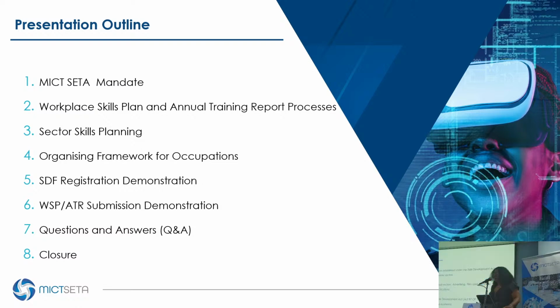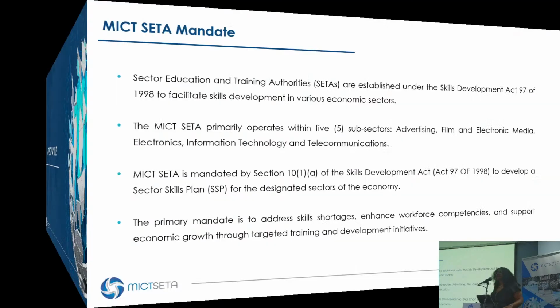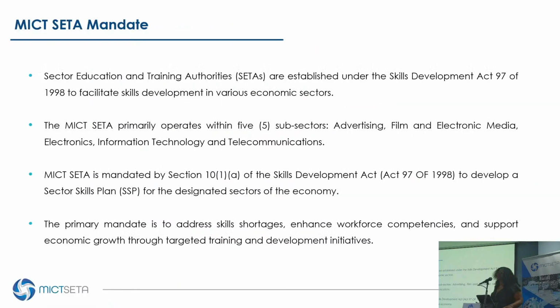So as you know, the MICT CETA mandate derives from the Skills Development Act, which establishes the CETA as one of the 21 CETAs that offer education and training opportunities. So we are responsible for the MICT sector, which has 5 subsectors: electronics, ICT, film and media, and advertising.